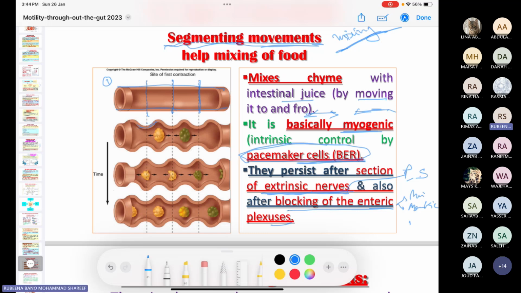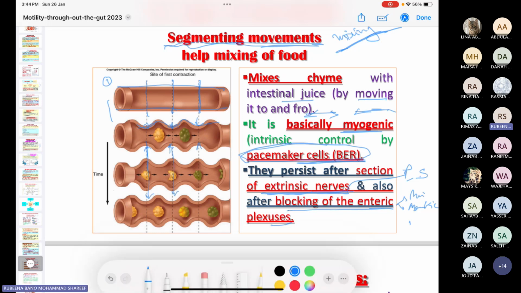Here there is division, and here they have shown the contraction. These two are the first step, and in between these contractions, again there is the next contraction like this. So what happened?